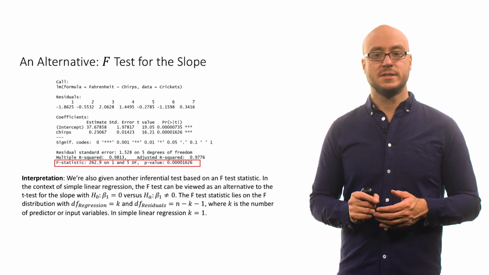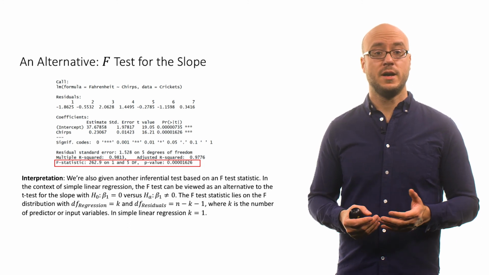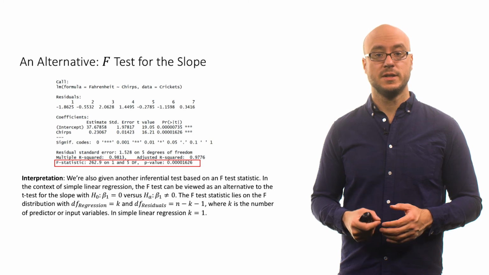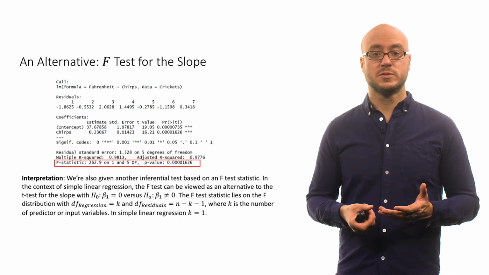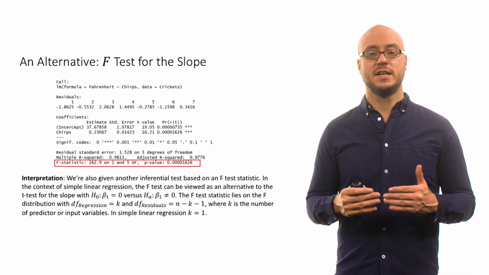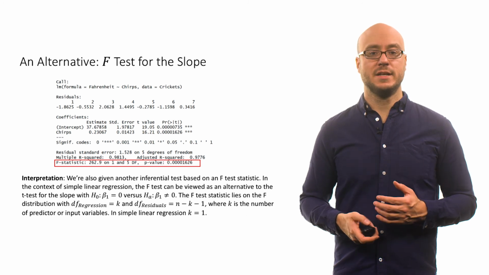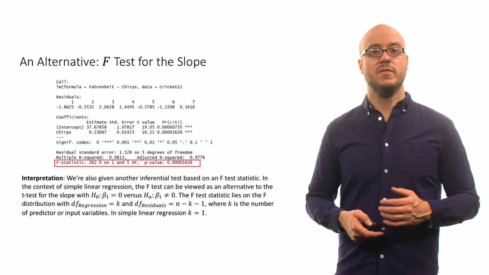The F test statistic lies on the F distribution with a certain degrees of freedom based on the number of input variables. In the simple linear regression model, k equals 1. The basic idea, though, is that the F test statistic is just a different way of conducting an inferential test on the statistical significance of that slope. We're going to focus in this course more on the test statistics, but I just want to point out that it's nothing mysterious. It's just giving you additional information about the inferences in your regression model.